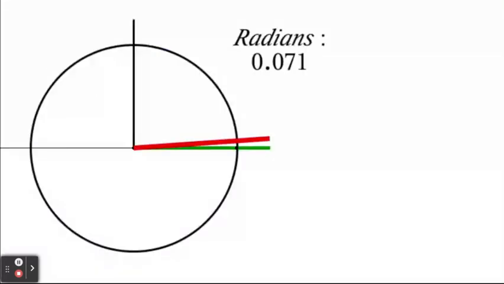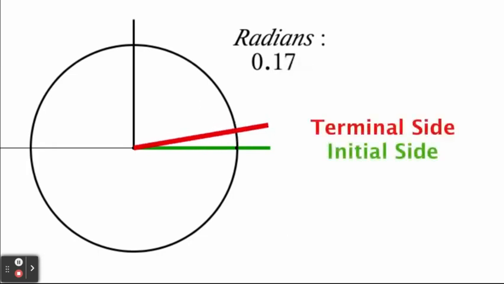Okay, now I'm going to tell you how radians and degrees relate. So what you're seeing here is a slightly different picture of the unit circle, and the red side, which is moving around, is going to be called the terminal side, and the green side is going to be called the initial side.